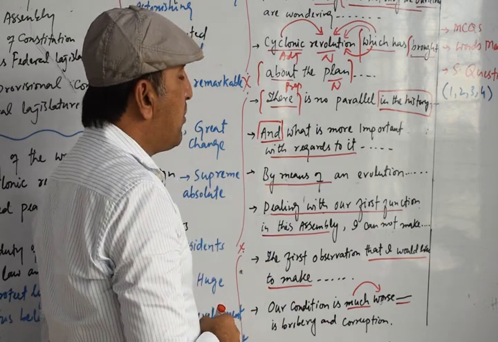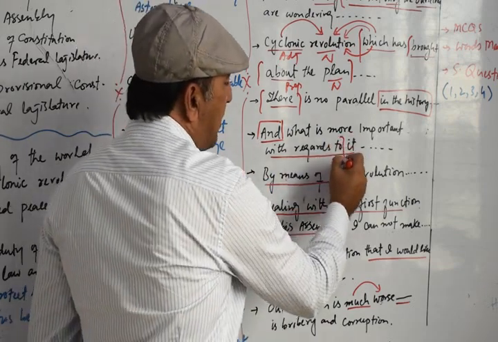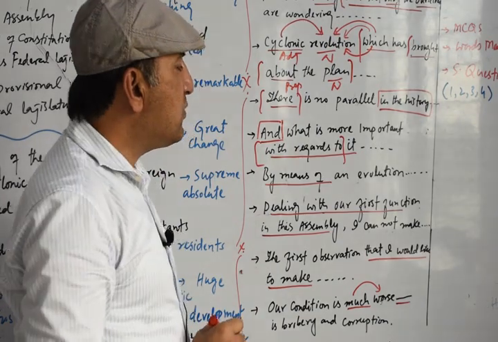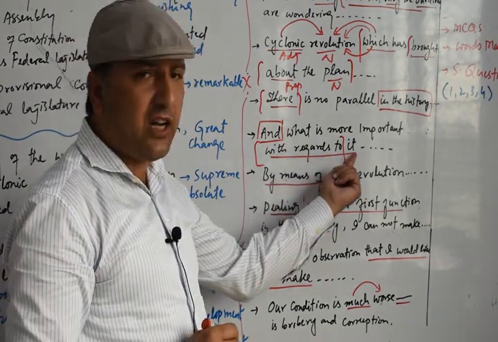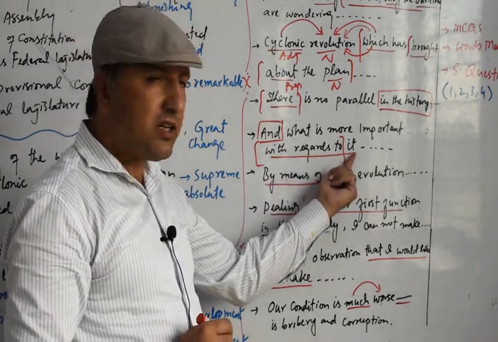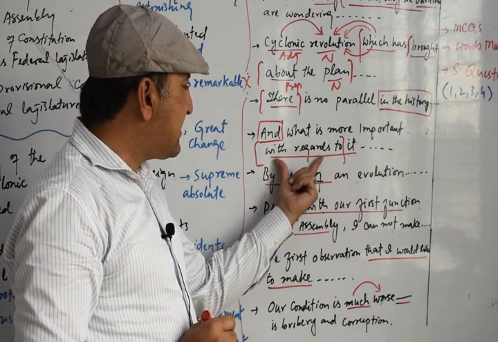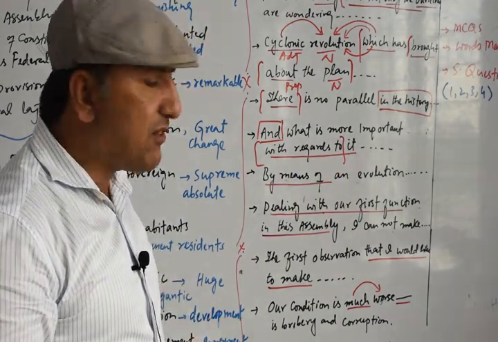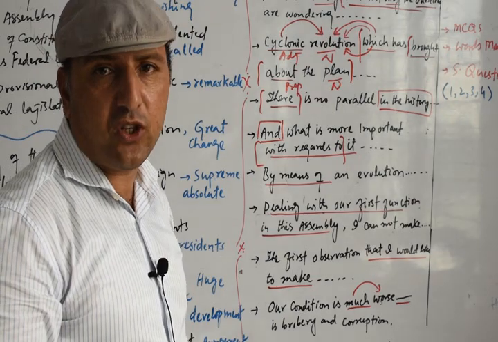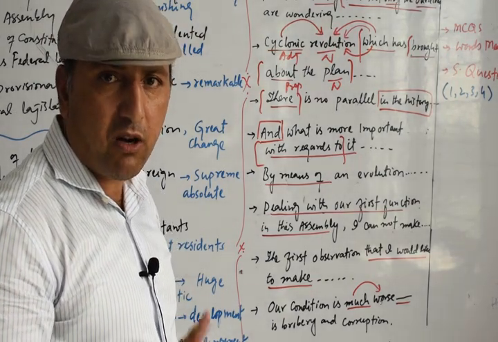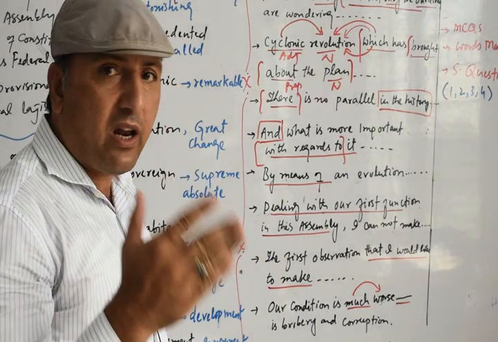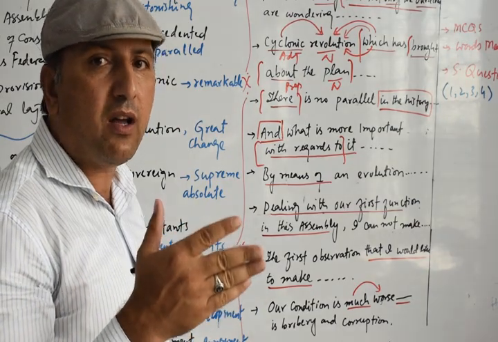And what is more important with regards to, we have a phrase with regards to. Now you see, this phrase is followed by the pronoun it. This with regards to is a phrase, but it works as a preposition, because it comes before a pronoun or a noun.